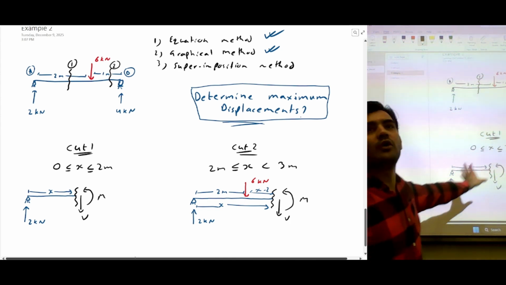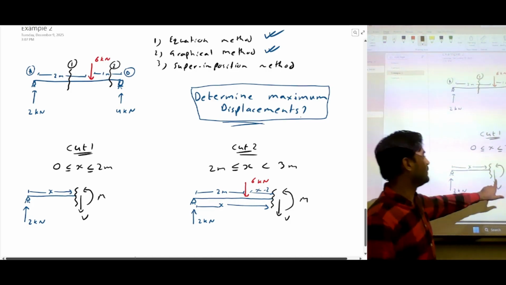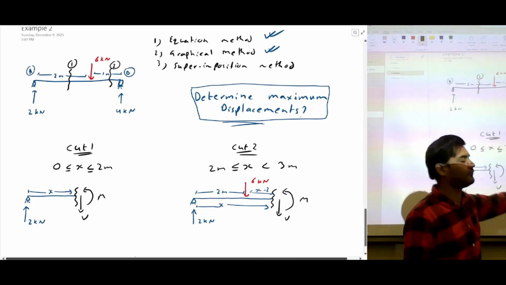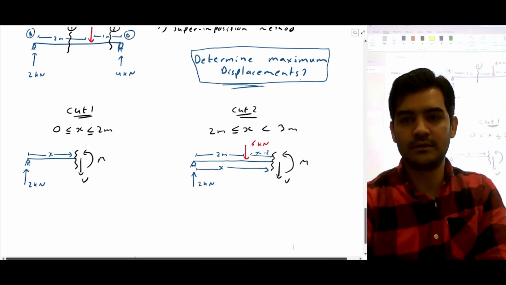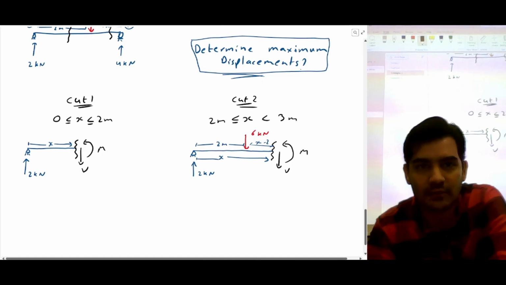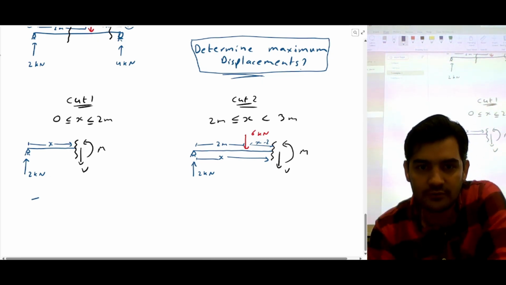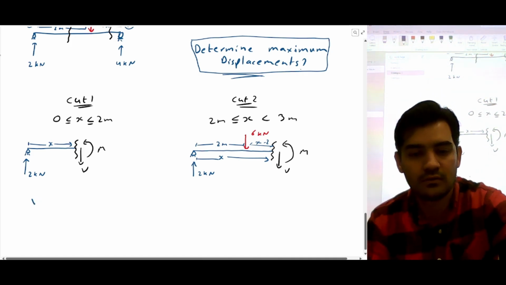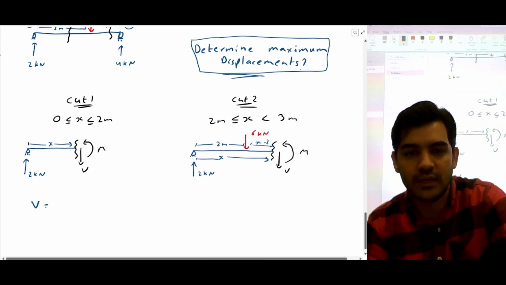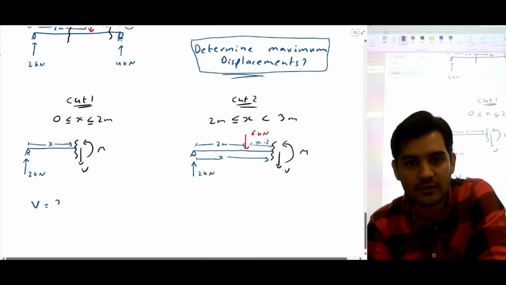So we already know how we can formulate the equation. So we're going to use equilibrium equations and we'll calculate V and M for both the cases. So if you do the equilibrium equations, I'm just going to write down the final answers. So the answer for V in this case would be 2.